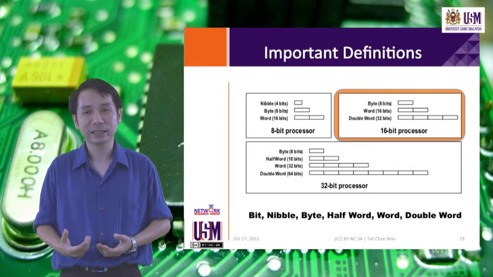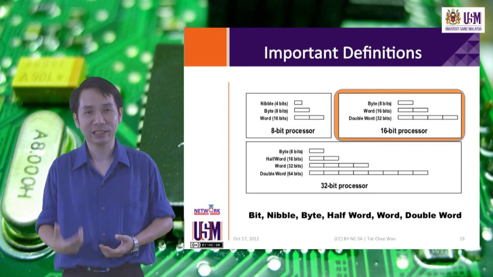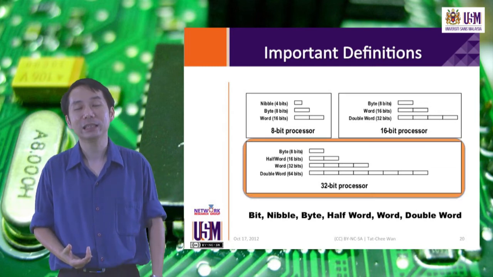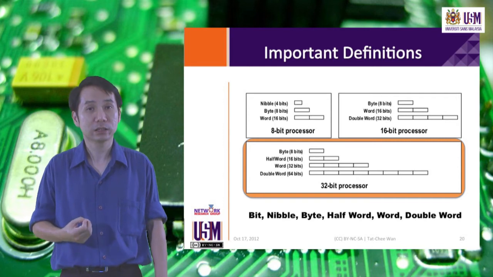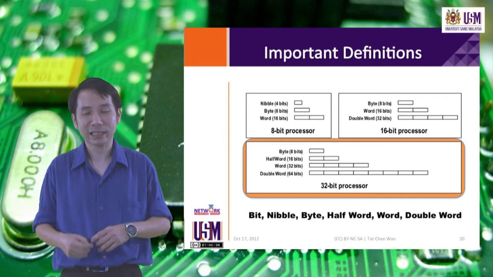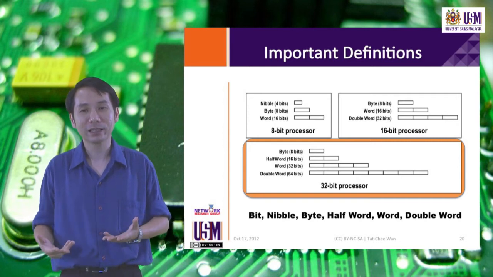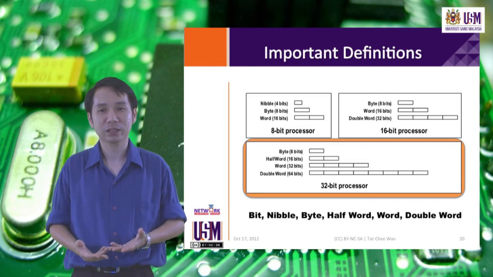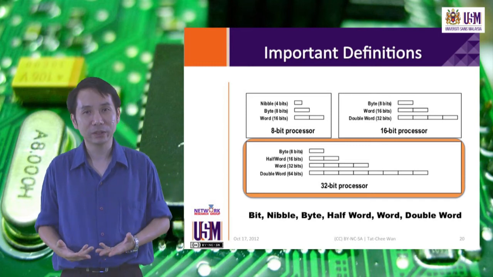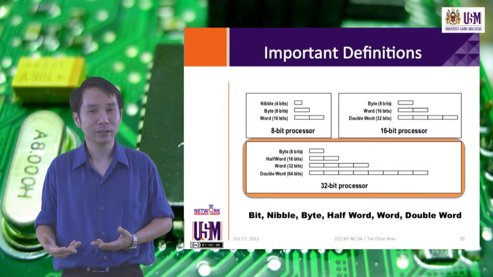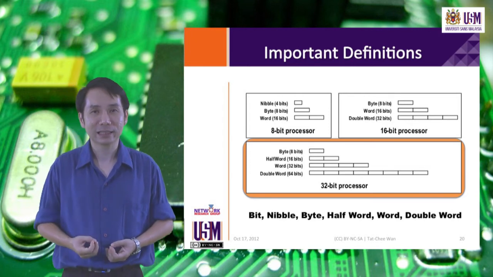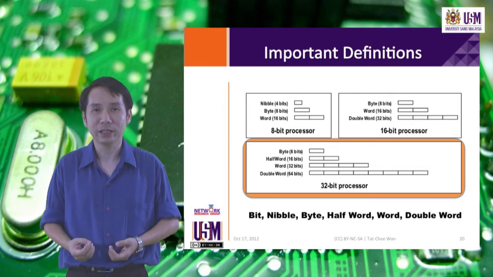Now, the word size in a 16-bit processor is therefore 16 bits, whereas the word size in a 32-bit processor is 32 bits. Now, sizes that are greater than the natural word size of the processor are known as double words, quad words, and so on. Typically, these sizes are sufficient for our use today.